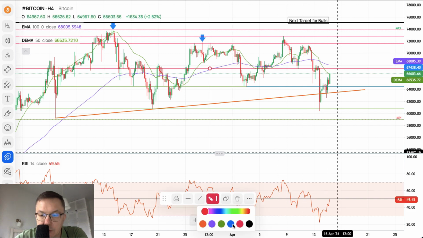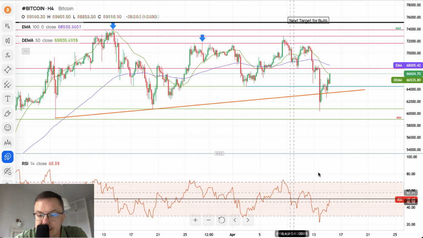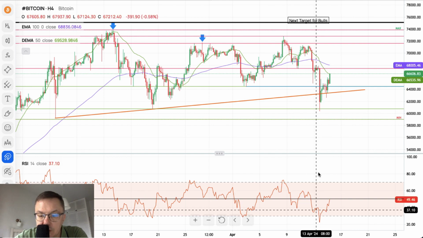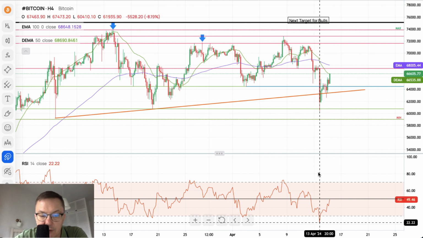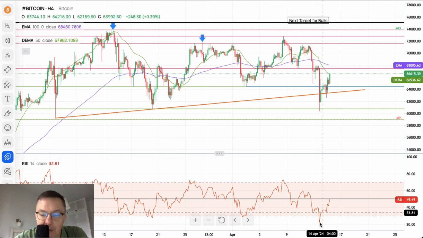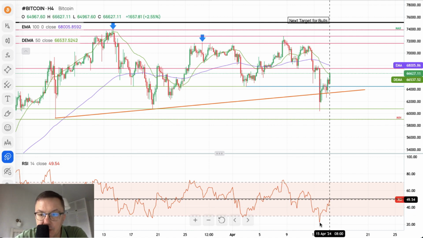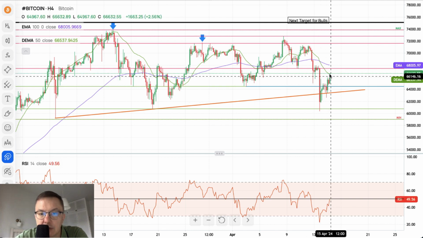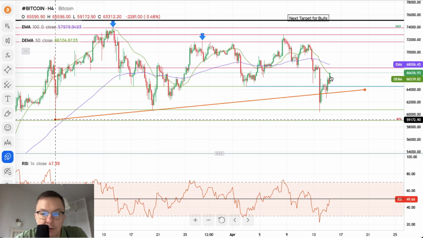What I would like to talk about is the momentum. Straight from the extremely oversold conditions, which we haven't seen even in March and throughout April, minus 22 points, back towards the level of 50 within maybe one day. So right now we are reversing from the lows.